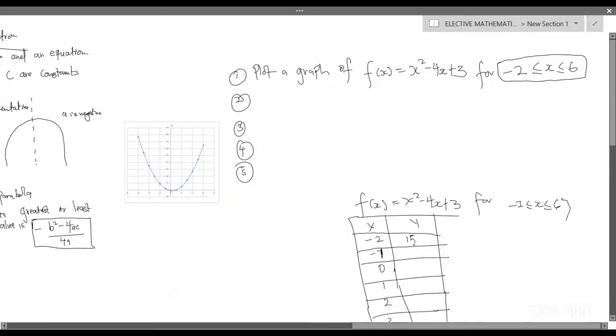So when x was -1, y was what? Elsie. When x was -1, y was what? 8. Good. Ella, when x was 0, y was what? 3. Very good.